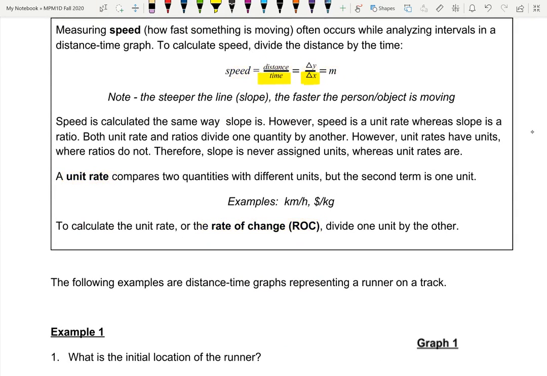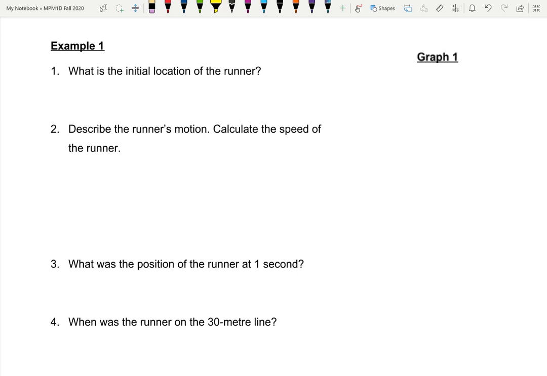It's really just y over x. You take your y value and divide it by your x value, and you just include 2 units at the end. So let's practice reading distance time graphs and calculating speed in these examples below.